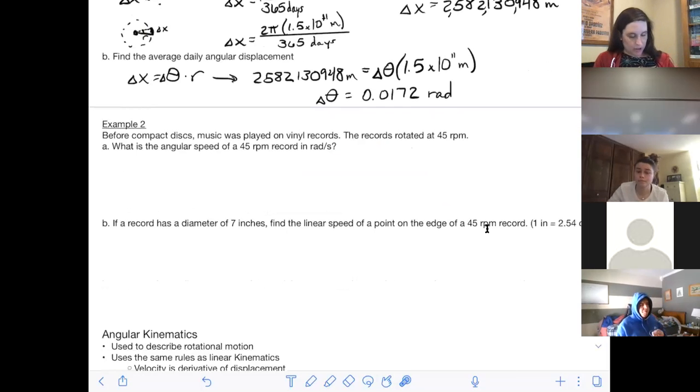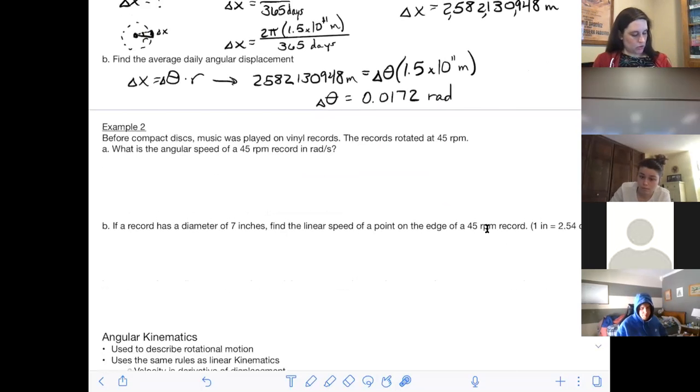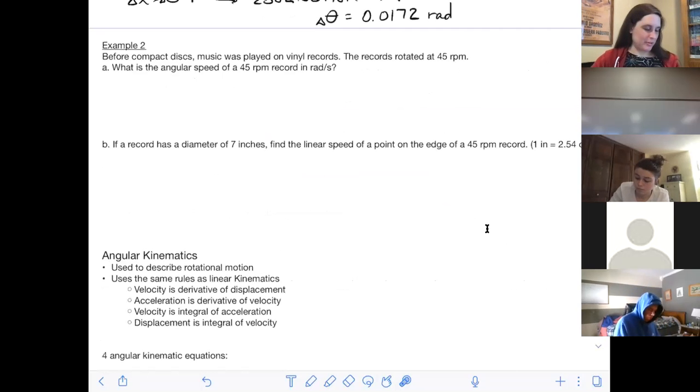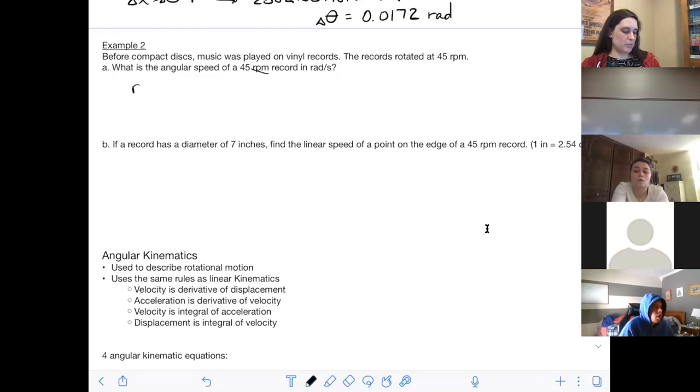Let's do another quick example. All right, I'm not going to do the other example. The other example is an opportunity for you to do a unit conversion. You're going from RPM, which is rotations per minute, to radians per second.